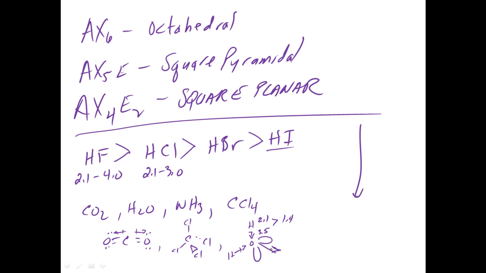Overall, the resultant vector is in this direction. And so let's compare that to ammonia. Ammonia has 3 hydrogens like this. The nitrogen is 3.0, and these are all 2.1, and the difference is 0.9. They're all pointing in this direction. Water would have a greater dipole moment than ammonia, so it would be ammonia and then ultimately water.